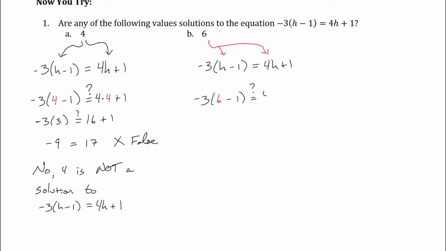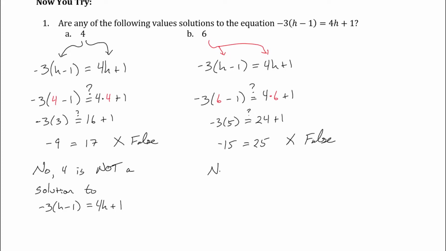Does that equal 4 times 6 plus 1? So we get -3 times 5. Does that equal 24 plus 1? So -15 equals 25. That is also false.